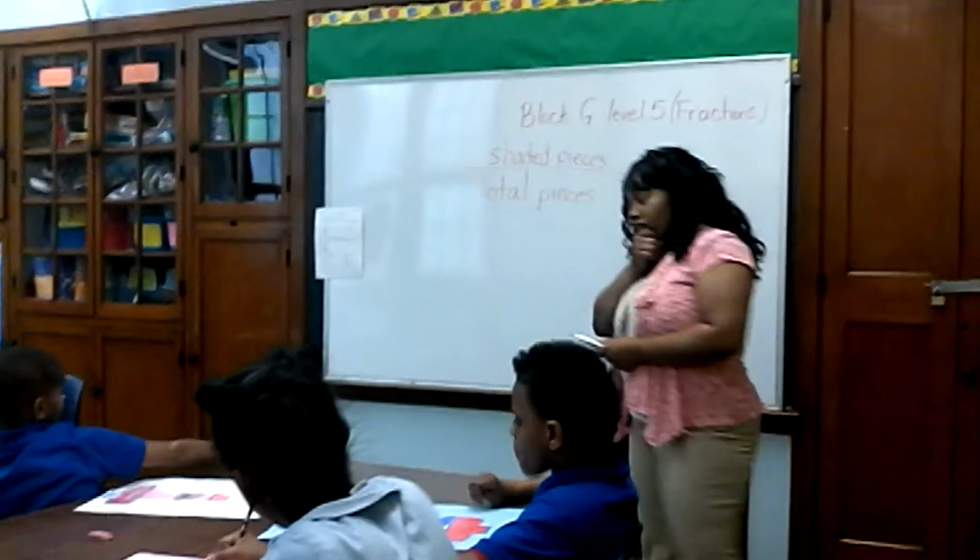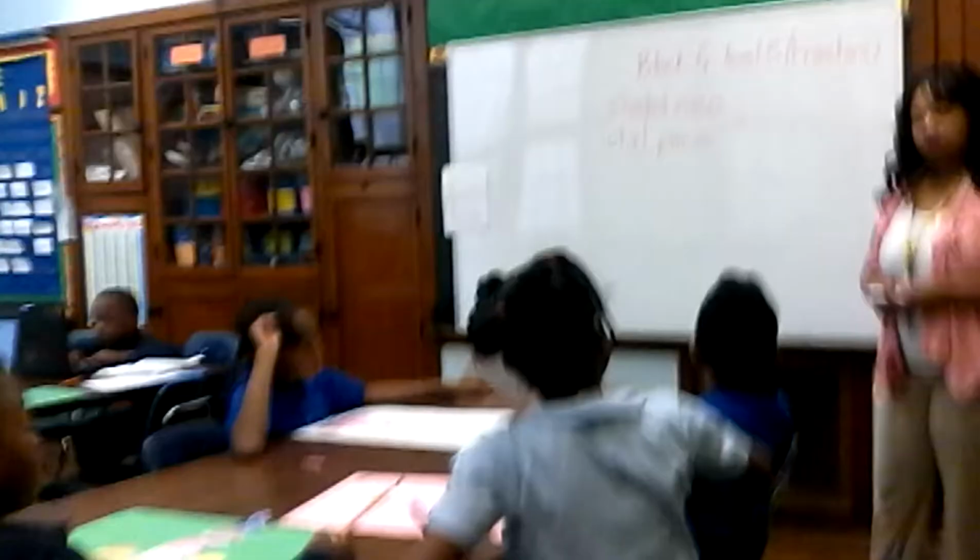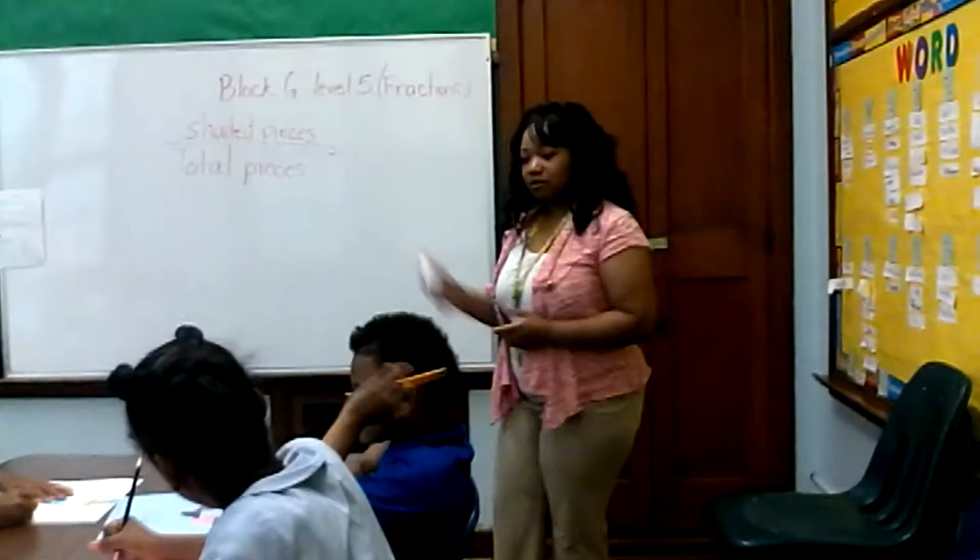Which one? Help out, group. Which one is the total pieces? Is it our numerator or denominator? Numerator. Wait a minute, I got numerator and denominator. The total pieces. Let's look at that bottom number first. The total pieces we have. What would we call that?